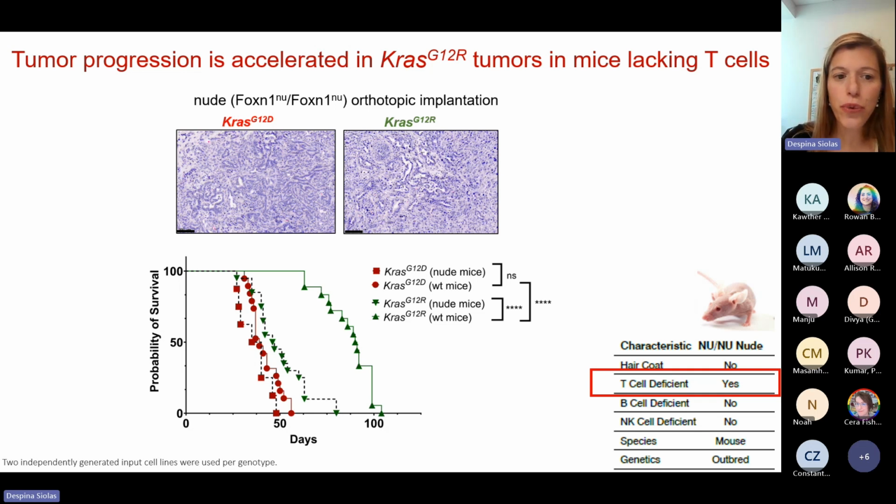Whereas the G12D tumors are not affected if you put them in a nude mouse, a mouse lacking T cells. So that suggests that there is an immune cell component that is important for G12R tumor development and progression.